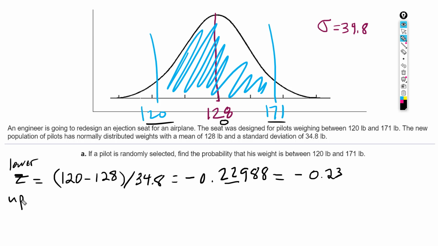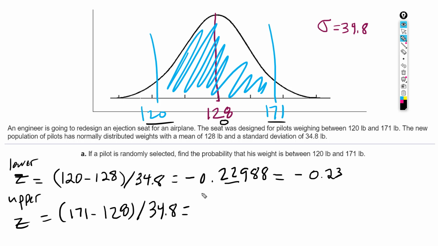All right, and then the upper z would be 171 minus 128 divided by 34.8. So I throw that in my calculator and I get 1.2356, and once again rounding it, 1.24.